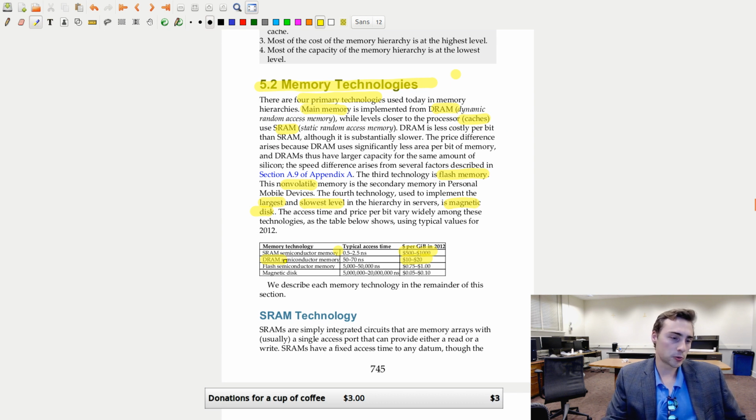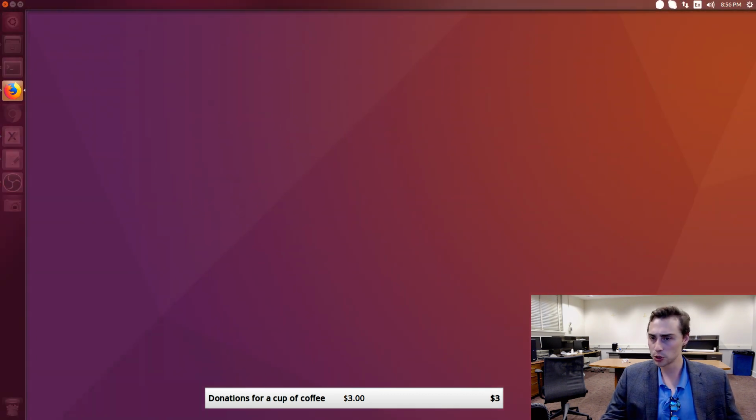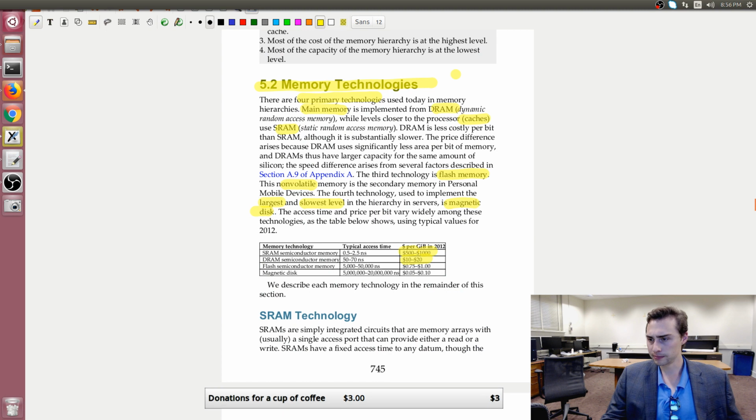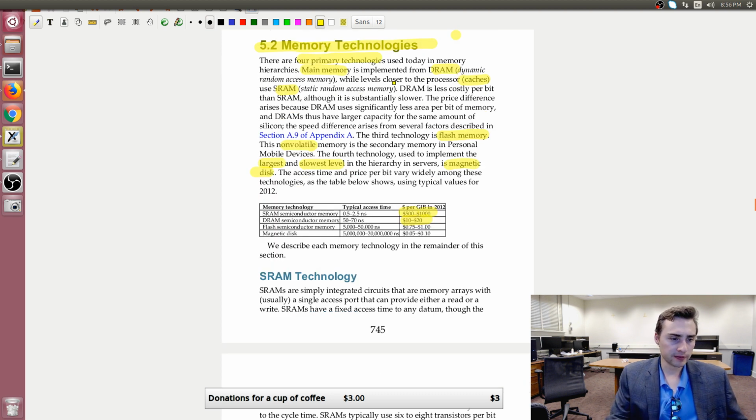So notice that once we get from SRAM to DRAM, we go from the sub-nanosecond range of timing to 50 to 70 nanoseconds. So we're talking orders of magnitude increases in access time. Now we're still in the nanosecond range, which is pretty good. It's not bad, but it's not great. So then we move on to flash, which is non-volatile. It's used in smartphones.